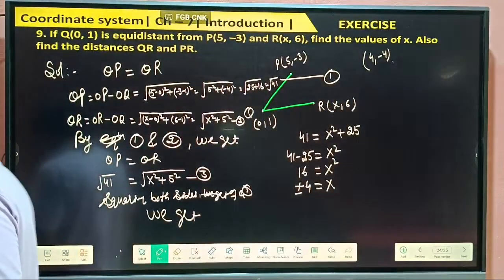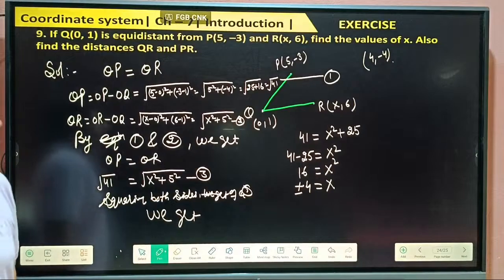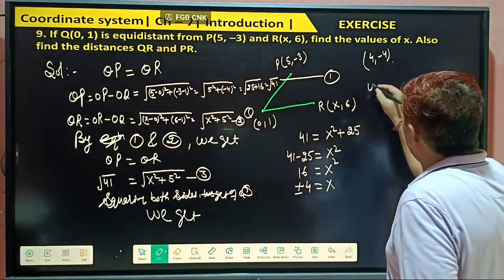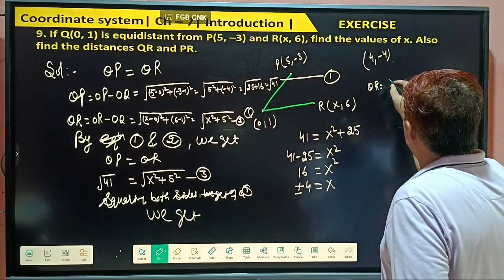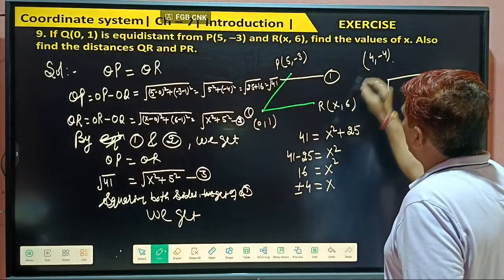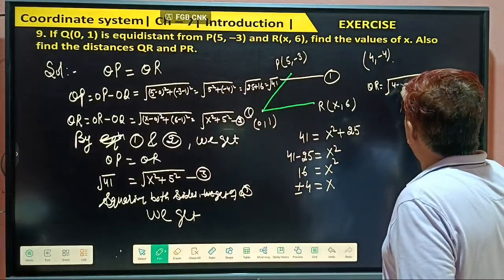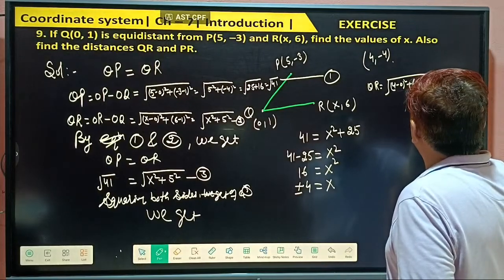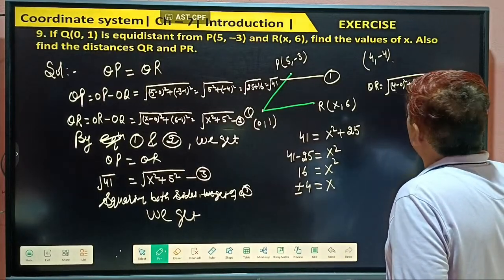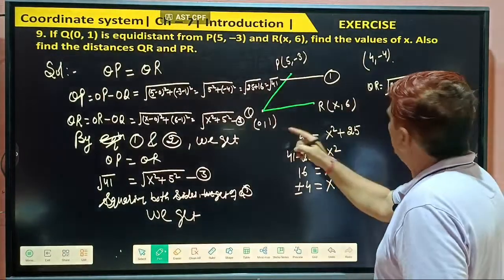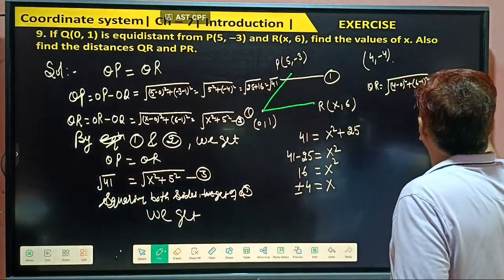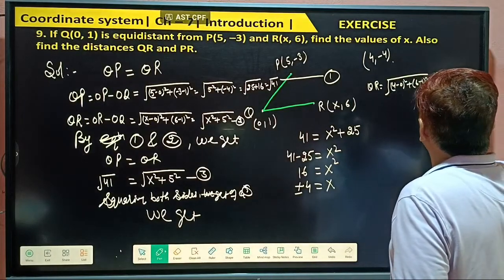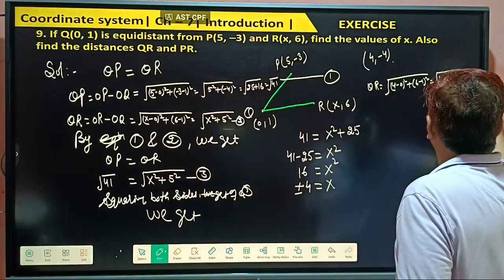Now we will tell which one is its value. Understood? So we can find out QR. For x equal to 4 we have taken, (4 minus 0) whole square plus (6 minus 1) whole square. So it means 16 plus 25, which is under root 41.